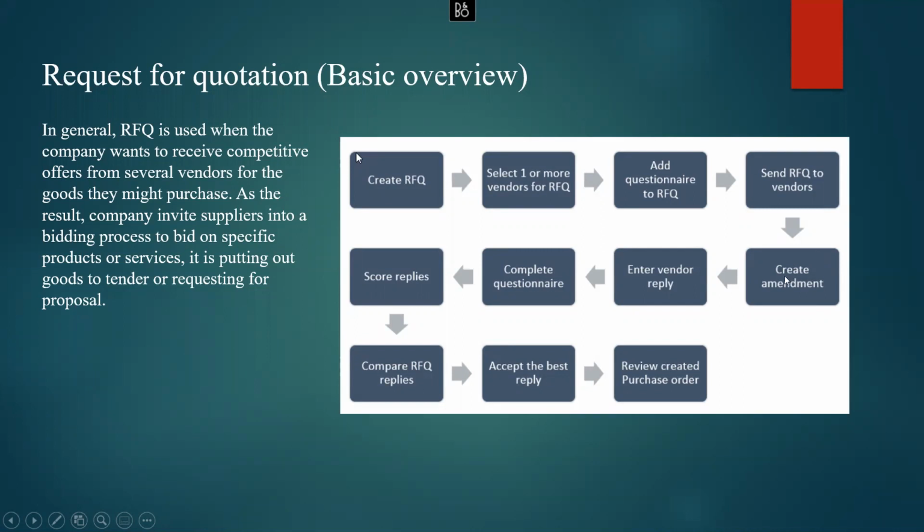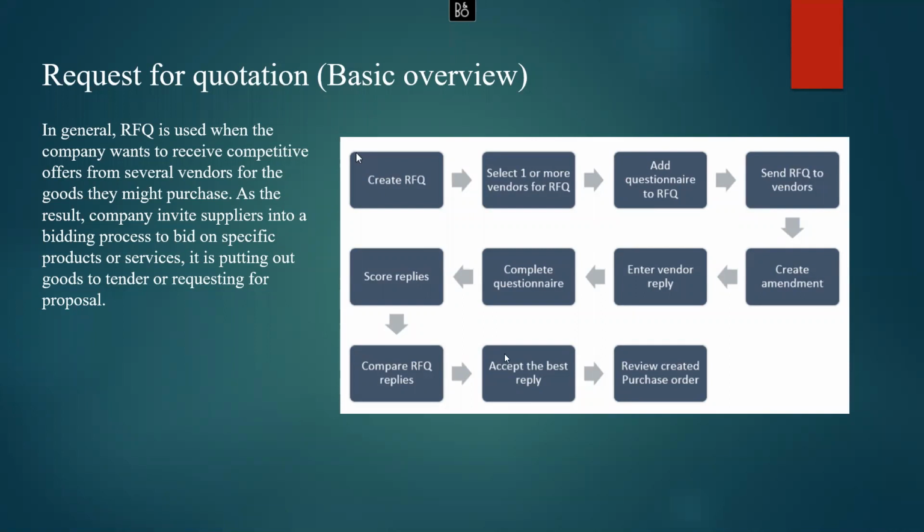Then once you do that, maybe after some days or probably on the same date, you'll get the vendor replies. So you keep on entering the vendor replies and the questionnaire. Also, there is something called scoring. We'll talk about that. For example, there can be a list of certain parameters, such as the quality of goods or the vendor rating. So you can have all these self-defined.